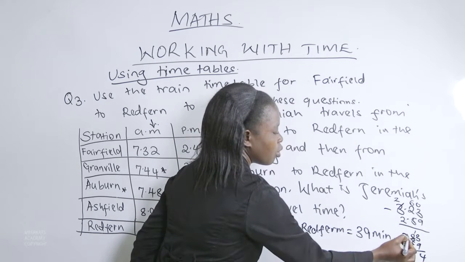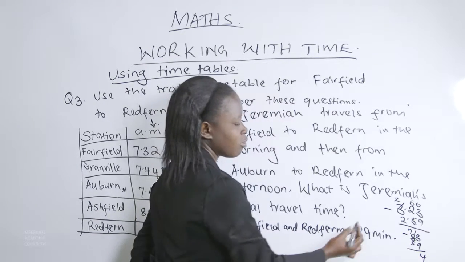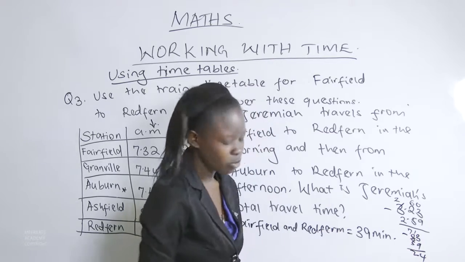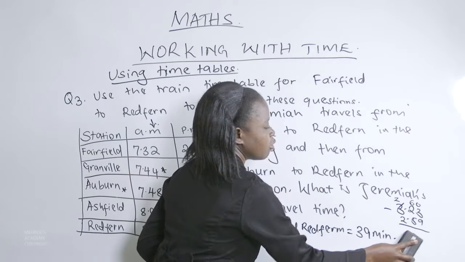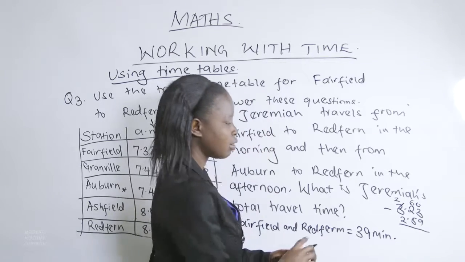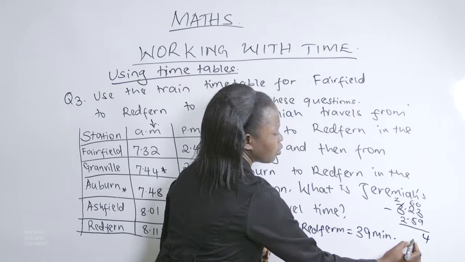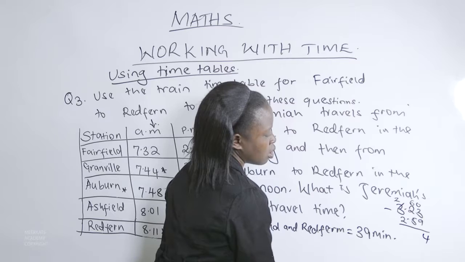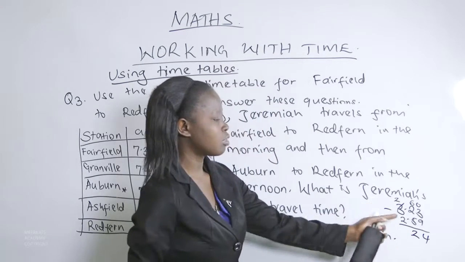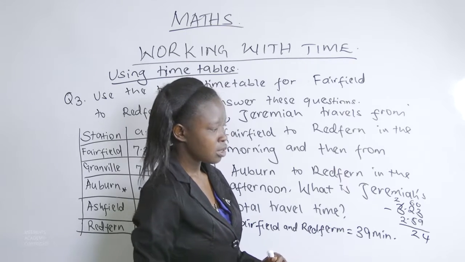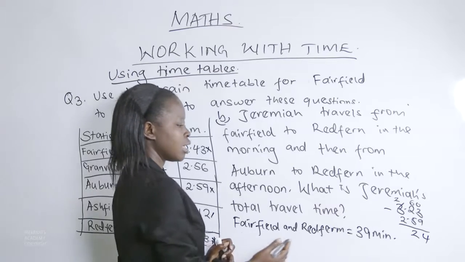We borrowed 1, so we are left with 7. 7 minus 5 is 2. So 83 minus 59 minutes, we are having 24 minutes. So 2 minus 2 will give us 0. So we have 24 minutes in between.